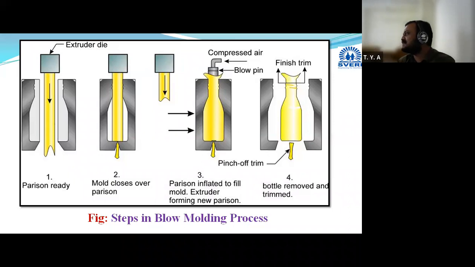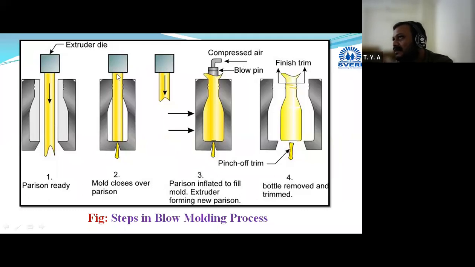That's why that name is given as a blow molding process. Whichever parison material is there, it has one opening at the top, and through that opening, compressed air is blown. Okay, air is blown. Then what will happen here? Please compare these two diagrams. What has happened here? We are blowing air from this top side.